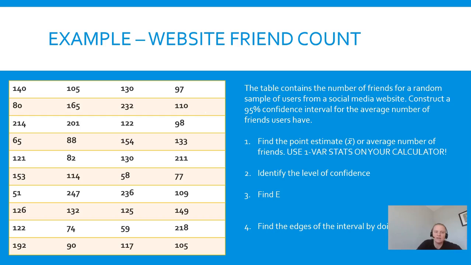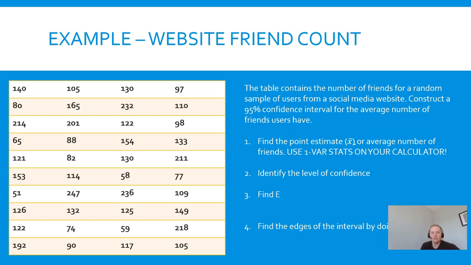Okay, so let's look at an example. Here we took 40 random users of some social media website and counted the number of friends that they had on that website. And we want a 95% confidence interval for the average number of friends. First thing we need is the point estimate, X bar. That's the average number of friends.